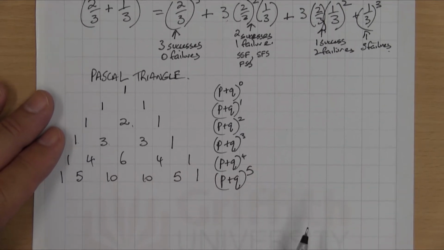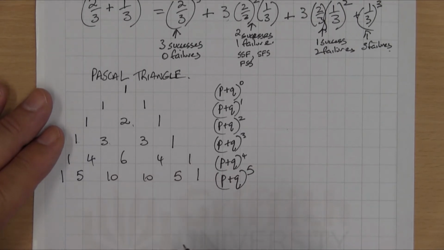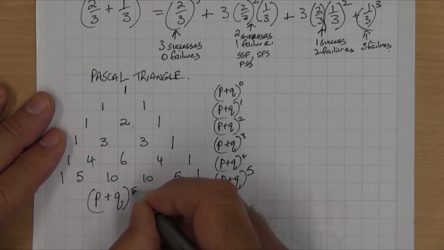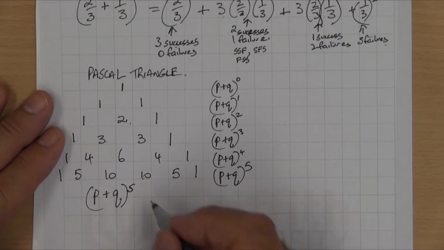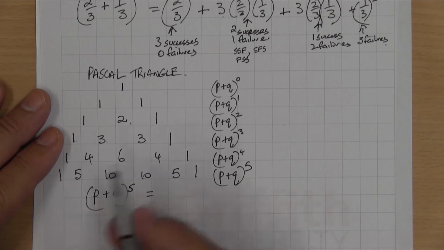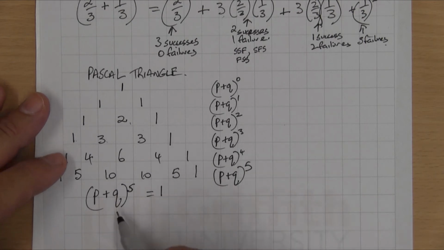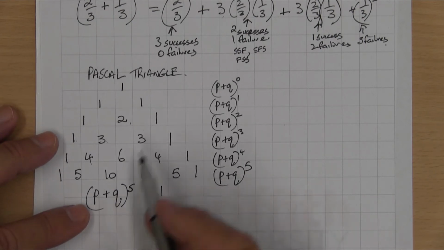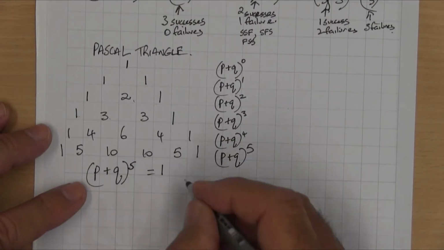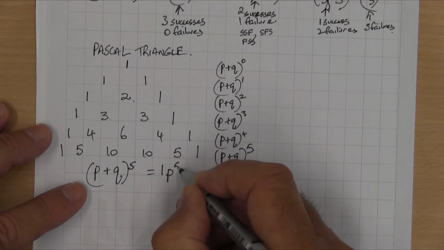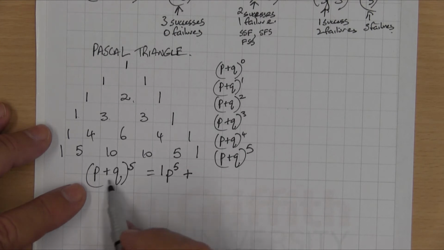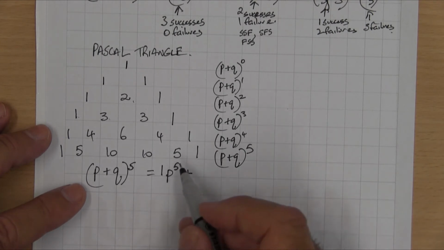If we were to write out the expansion of P plus Q to the power of 5, here we've got a coefficient of 1, and just looking at what we've done up above, we've got P to the power of 5 plus, so we're going to do the expansion of this and write down all the terms.